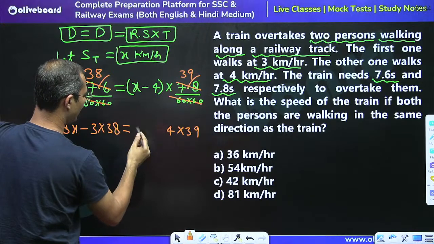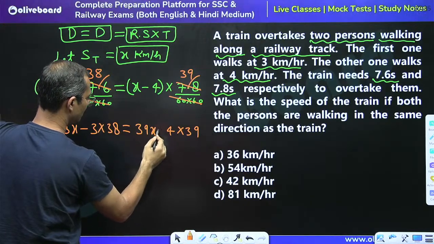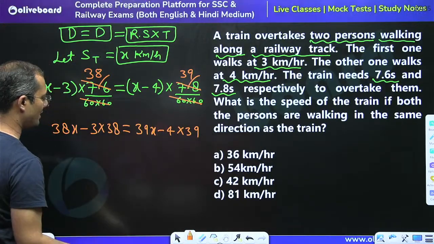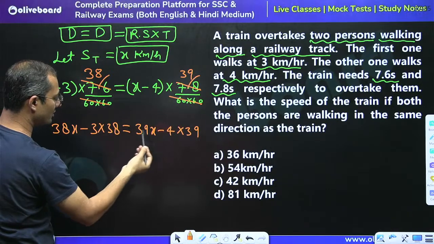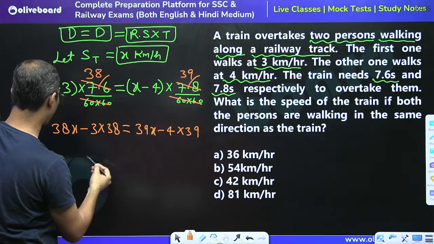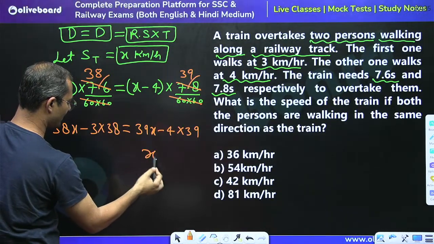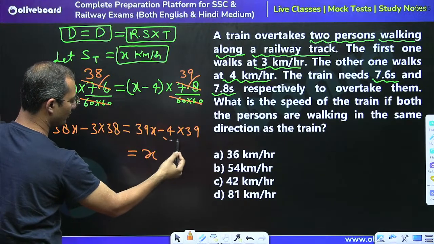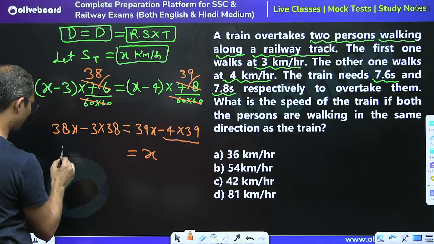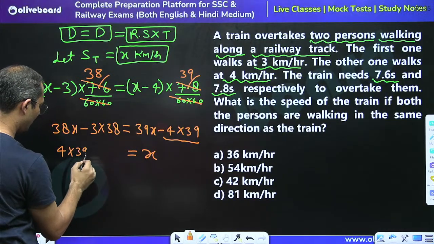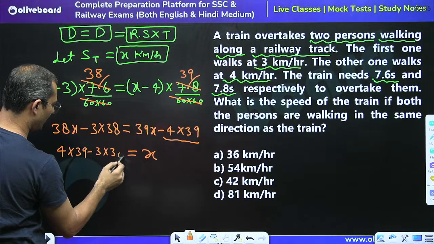Taking the x terms to the same side, taking 38 to the right side, we get 39x minus 38x, which gives x. Taking the other portion across, x equals 4 into 39 minus 3 into 38.